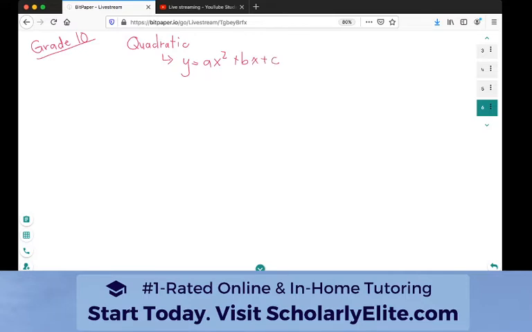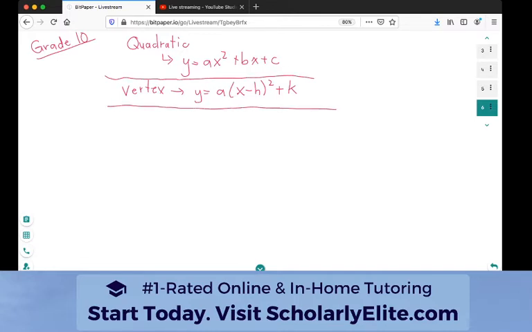And we've got our vertex form, which is y equals a(x minus h) squared plus k. Like I said last week, this is the one I call Hong Kong form because it's got the hk there. And last but not least, we have factored form.